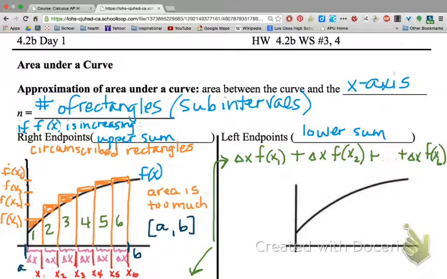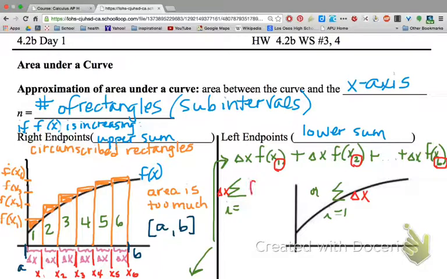And so I notice, hey, there's a pattern here. So I'm adding up, and I like to use i. And so I notice what's different about each one. The only thing that seems to be different is the little subscript. And so I could put the delta x either in front, or I could put it after the sigma, my choice. So I could put delta x here.